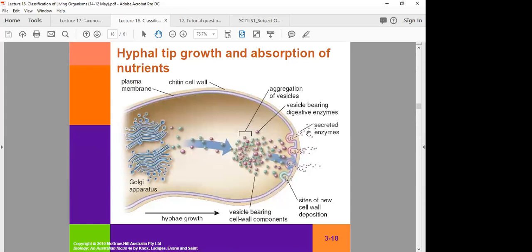So, for example, large carbohydrates into monosaccharides such as glucose, and then the fungus can actually absorb those smaller compounds. So that's hyphal tip growth. And we can see that outer wall, which contains chitin, and then the inner plasma membrane. So as I said, a fungal hypha is simply a very elongated cell. It keeps growing at the tip, and now and then it'll branch off to produce new hyphae.